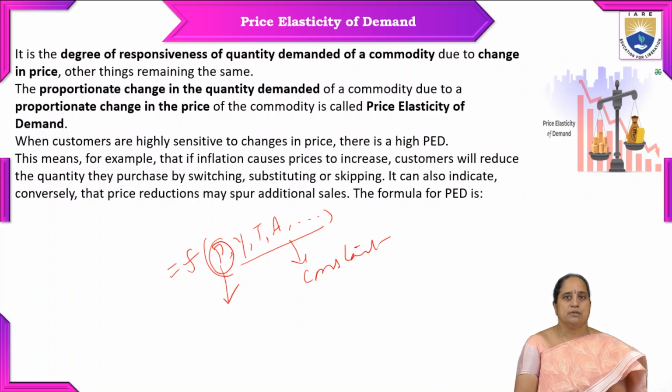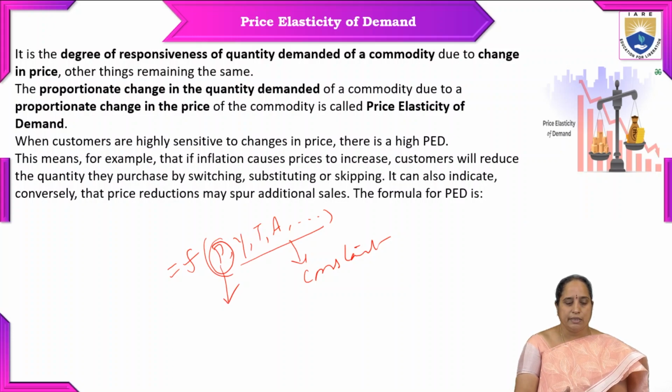When customers are highly sensitive to changes in price, there is a high price elasticity of demand. This means, for example, that if inflation causes prices to increase, customers will reduce the quantity they purchase by switching, substituting or skipping.